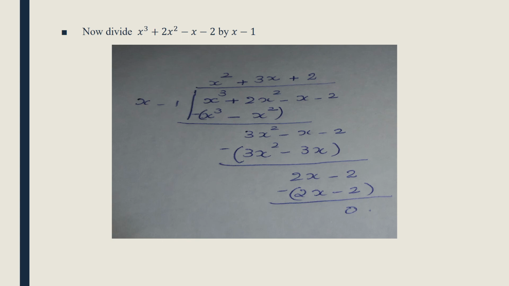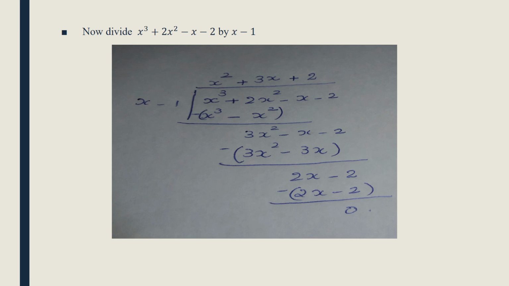Dividing 3x square by x, the quotient is 3x. Multiply 3x into x minus 1, which is 3x square minus 3x. On subtraction, we have 3x square minus 3x square, which is 0, and the next term minus x plus 3x, which is 2x.